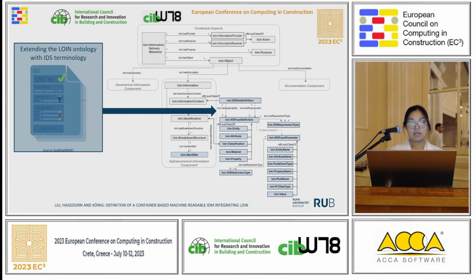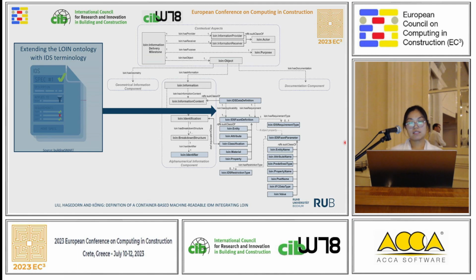And the class IDS requirement type is used to specify if a requirement is optional or mandatory. Considering the main idea of IDS, define one information exchange for one clear purpose with clear responsibility. The information from the contextual aspect is also defined with strict relations with extended object properties and restrictions.